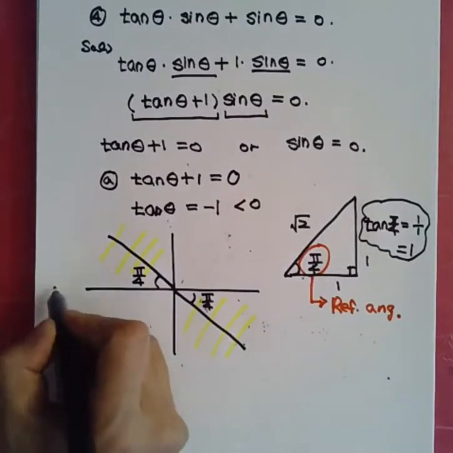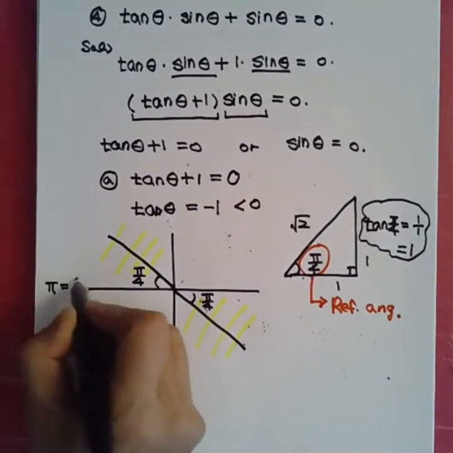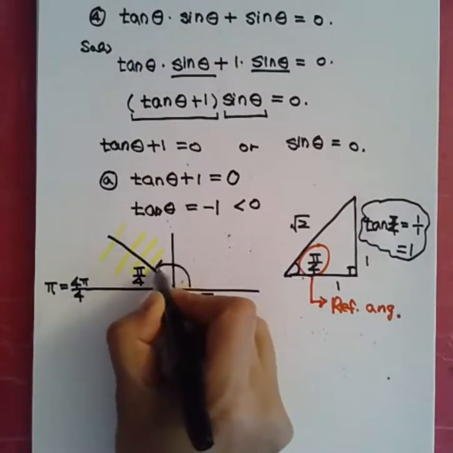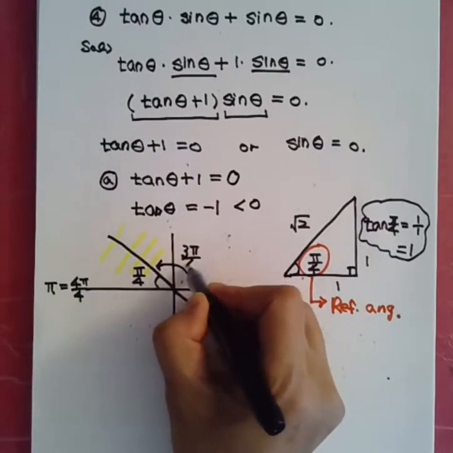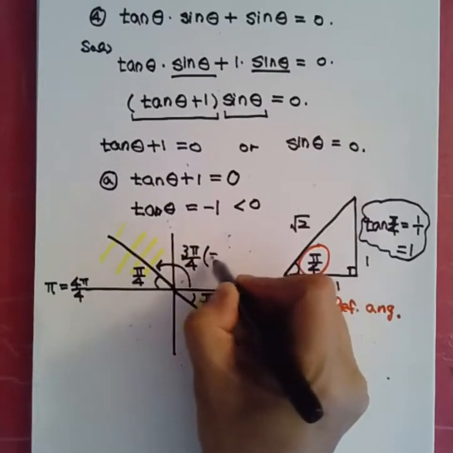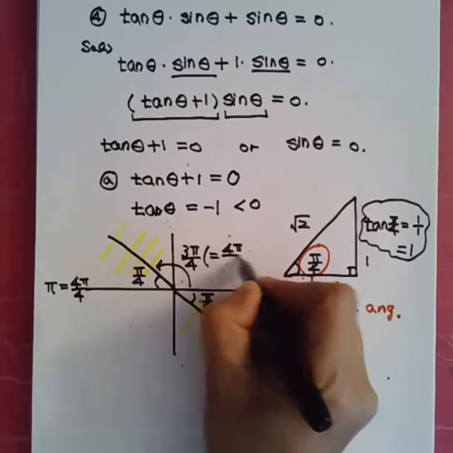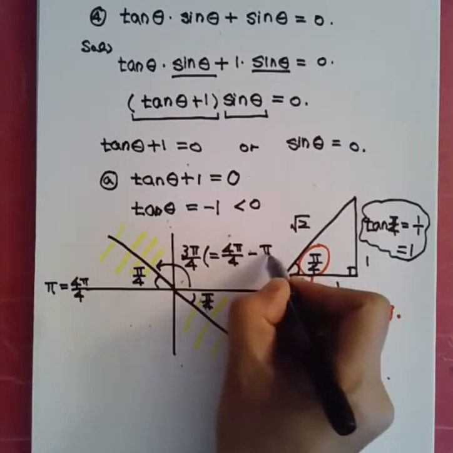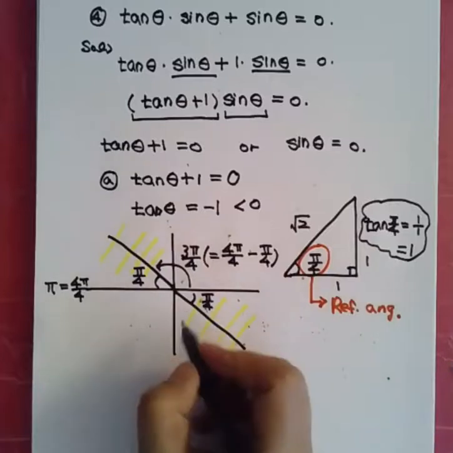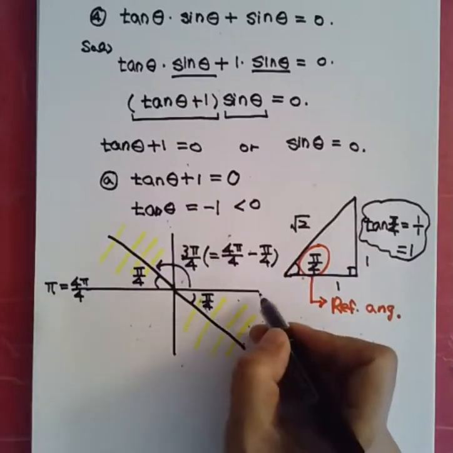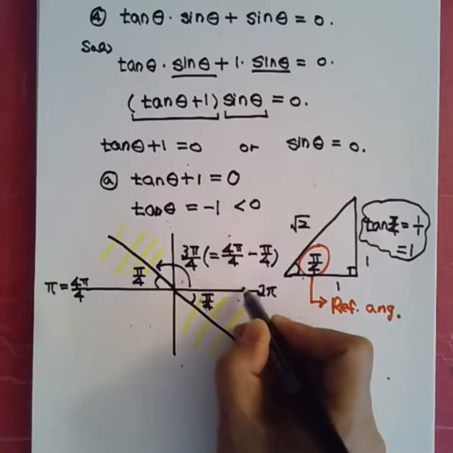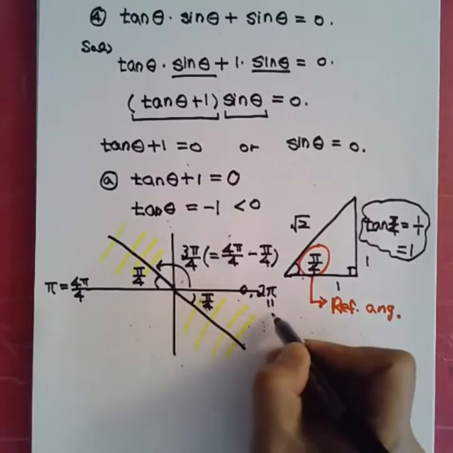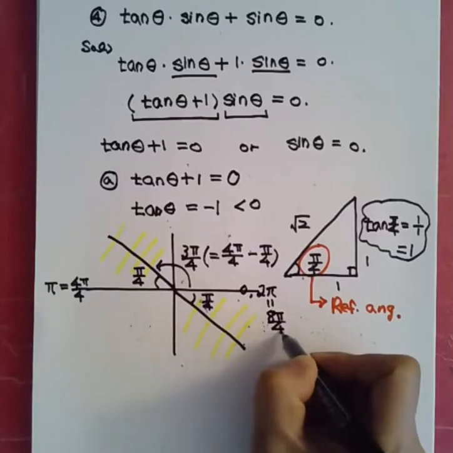Let's calculate the angle. This angle is 3 pi over 4 because from 4 pi over 4 minus pi over 4. And this can be regarded as 2 pi. That is 8 pi over 4.